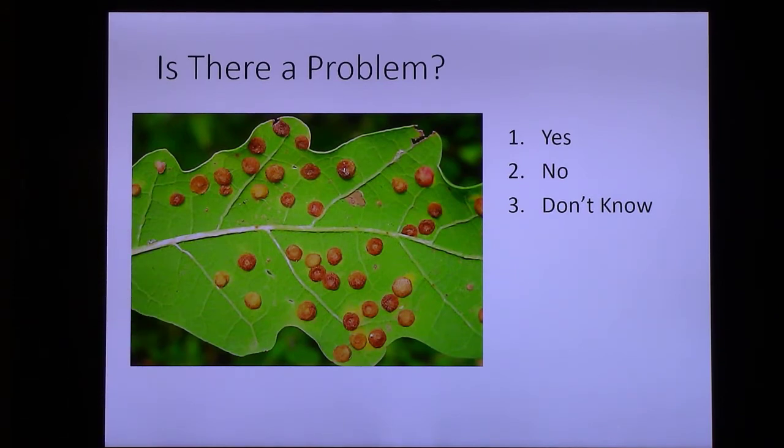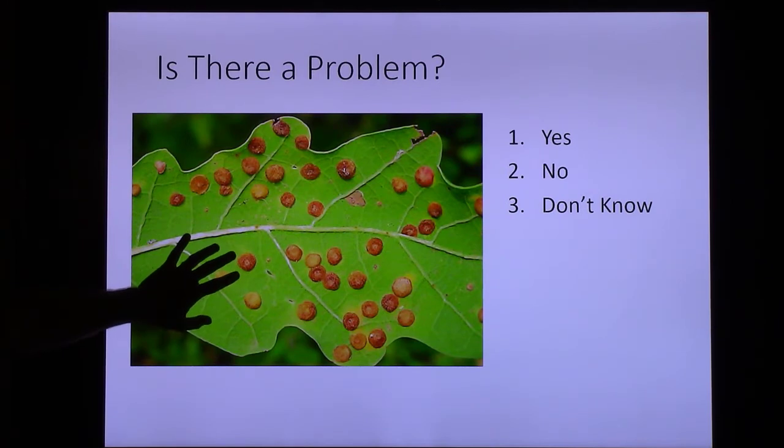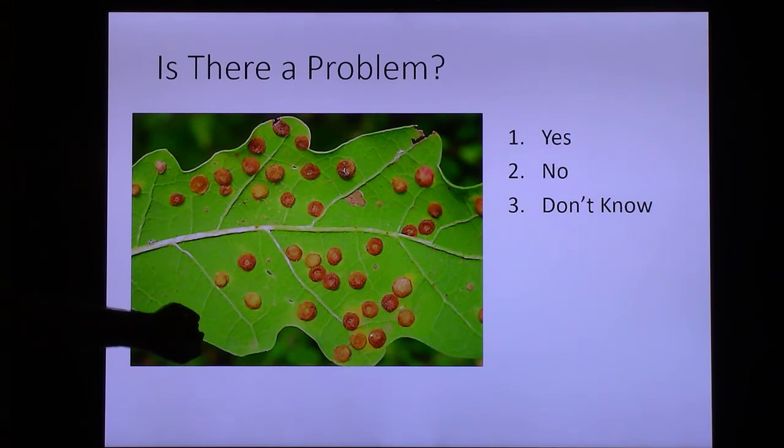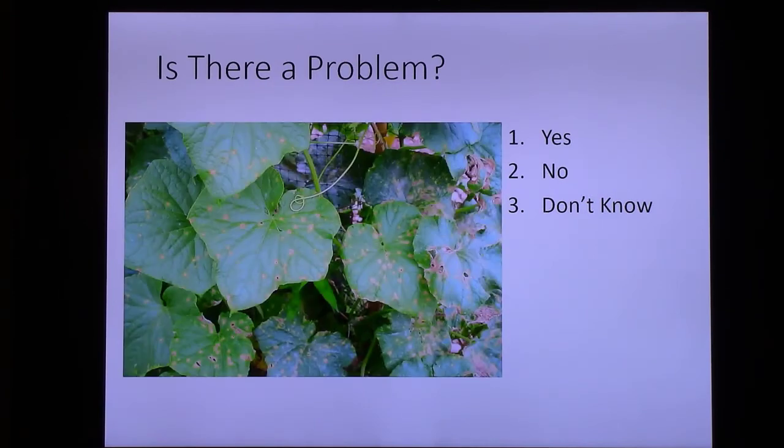I've been called out to look at trees, like, oh, my tree's got this bad disease, I don't know what it is. And it was covered with these little galls from these gall wasps. It doesn't look good, but it's not going to hurt the tree. It's actually a good thing, because you've got these little parasitic wasps that are going to be feeding on other insects.